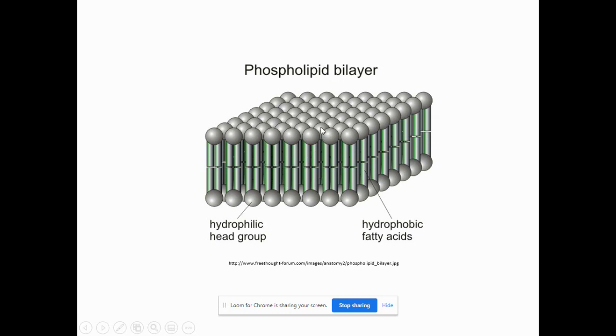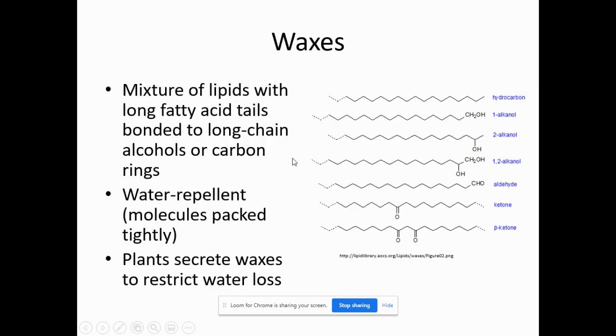Okay, and it's really important to have this structure because, like I said, it helps the cell membrane carry out its function. All right, so the next group of lipids are waxes. Basically, it's just a mixture of lipids and long fatty acid tails bonded together to long chain alcohols or carbon rings.